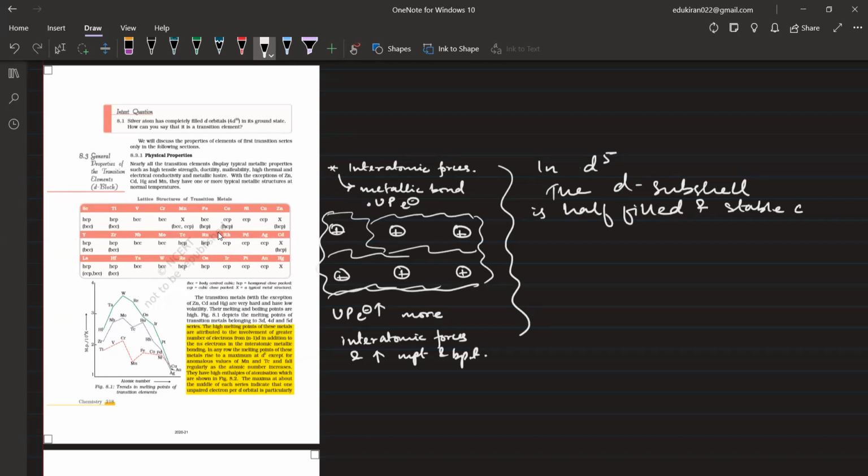It is stable configuration. अच्छा, अगर मान लीजिए if you have to move the electrons here and there, है ना? Because we have different electrons and these electrons are freely moving, that is why we have more strength of metallic bond. But in d5 we have what? Stable configuration. अच्छा, अब अगर d5 में stable configuration है तो d5 को ये छेड़खानी करने नहीं देगा. Okay, so d5 cannot be disturbed.